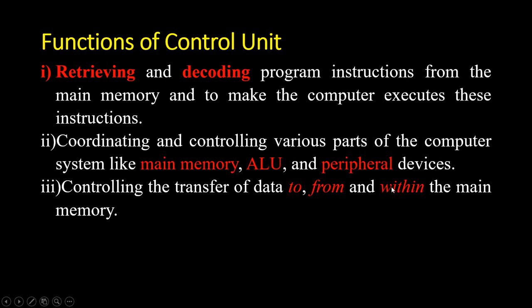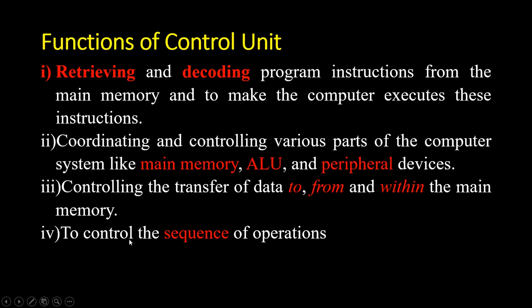So that movement of data is controlled by the control unit. Look, go back to the diagram and you will see that data can move to. I will show you in the diagram, but it can also move from, but it can also move within the main memory.